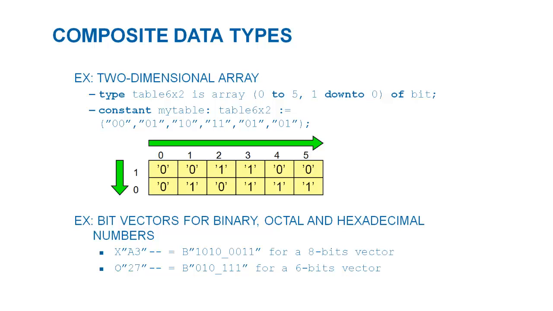So for example, when you have x, it can be any bit vector, it can be any signal or variable, and then here is how you can assign to it x83, which also can be written as bit vector 1010 underscore 0011, or if you are defining it as an octal 8-bit or 6-bit, then each segment is from 0 to 7, and then you can organize it like this, being an octal.